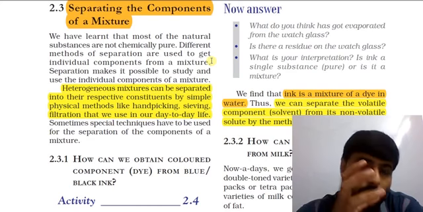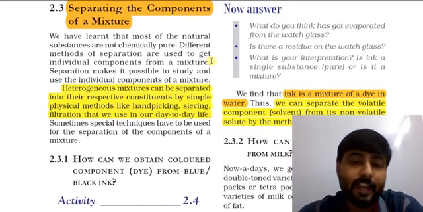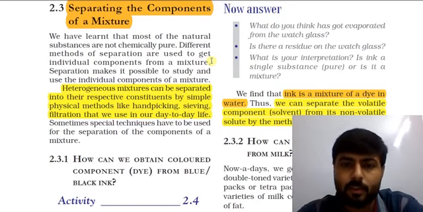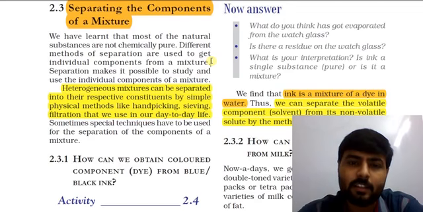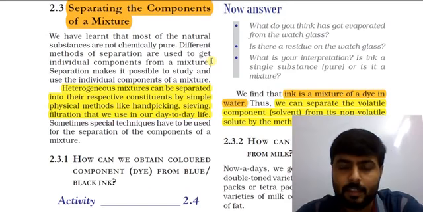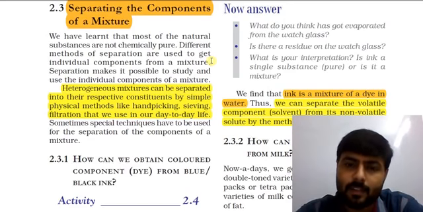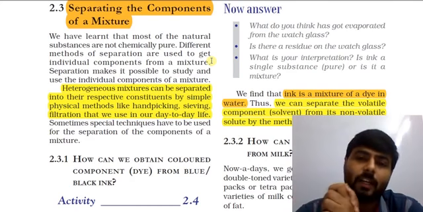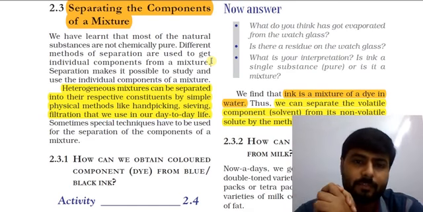But to get these substances, we have to separate them from the mixture. By your general knowledge, you know that nothing in this world do we get purely from nature. For example, iron, gold, or anything is in mixture form, always attached with some other thing, so we have to separate it.